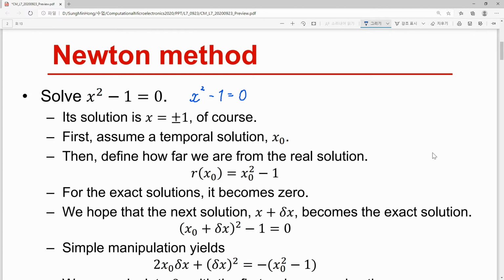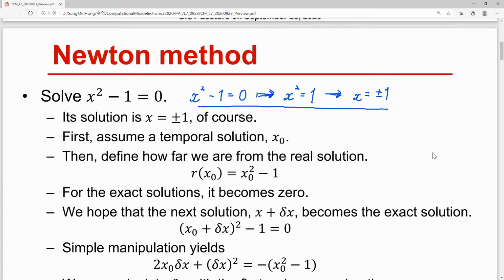If we have to solve it, the usual way is, of course, to say x squared equal to 1. After that, take the square root of the left-hand side and right-hand side. We will get x equal to positive 1 or negative 1. This way was taught to you when you were at a younger age: if you have such a form, then you can just move this constant term into your right-hand side.